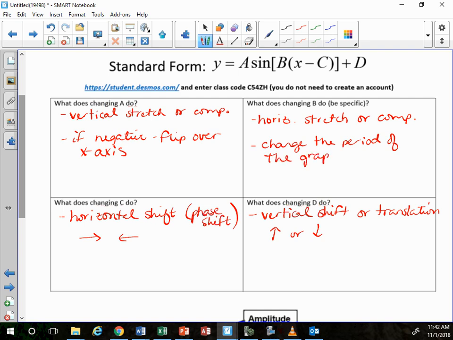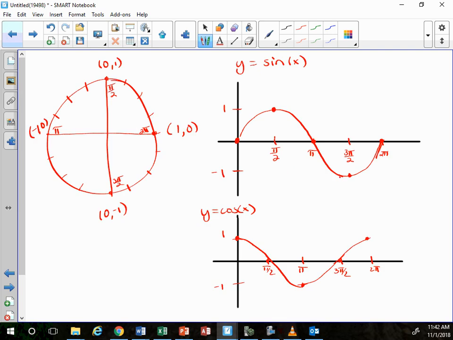What do you mean by change the period? Let's look at this parent graph, and you can even think back to the circle. What is going to happen to this graph after 2 pi? It repeats, right? It starts over. So it takes this distance of 2 pi to get the entire graph to happen, which makes sense because that's once around the circle to see all the values, okay?